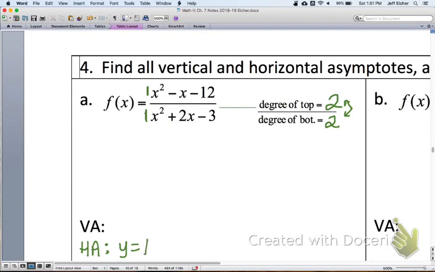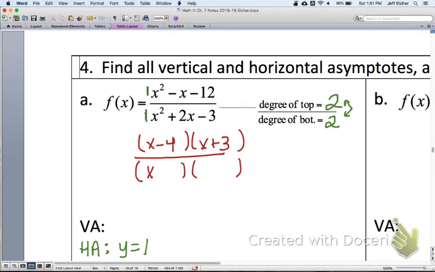To find the other two we have to factor. We can factor the numerator as x minus 4 and x plus 3. And the denominator we can factor to be x plus 3 and x minus 1. The denominator is what you look at to determine the vertical asymptotes and the points of discontinuity.